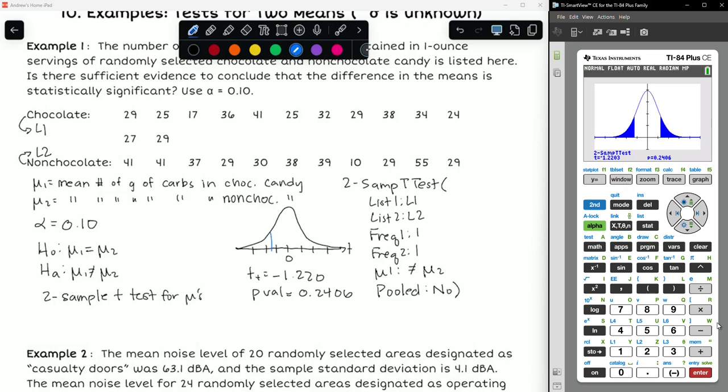Its positive buddy would be over here at just past positive 1. And these tails represent that quarter of the data. Because my p-value is so large, much greater than my alpha, more than double, I'm going to fail to reject the null.